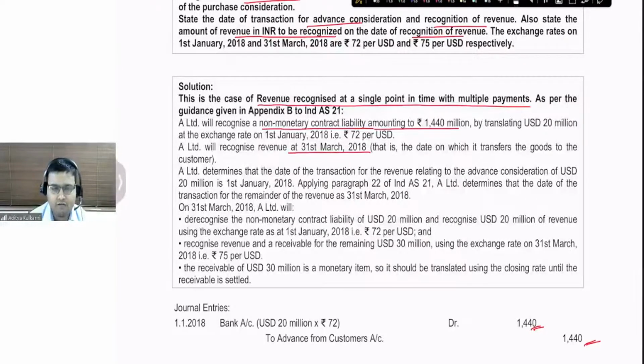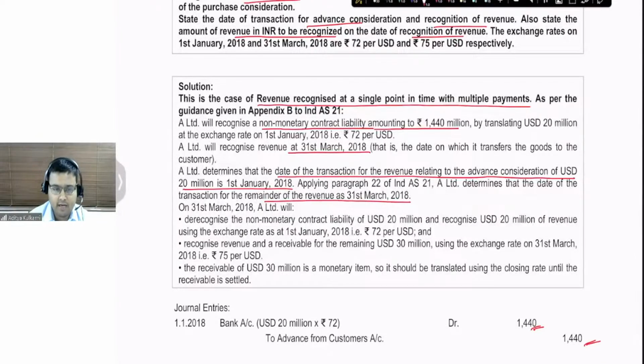It determines that the date of transaction for revenue relating to advance consideration of 20 million is 1st January 18, and that the date of transaction for the remainder of the revenue is 31st March 18.